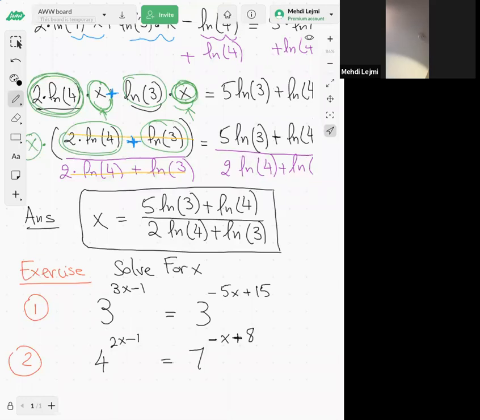Number two, guys, just be careful. This is a minus, right? This is minus x. Just be careful of the minus.